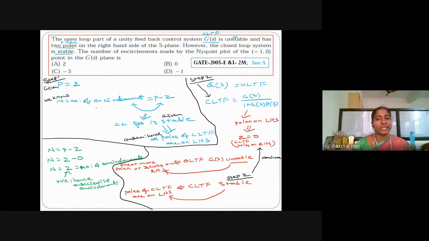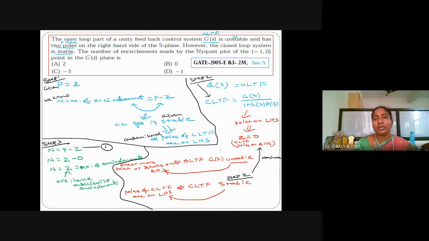Now, step number 3: we substitute whatever we know in the formula. Equation 1 is our formula. P minus Z, where P value 2 is given in the question and Z value 0 was identified from step number 2.